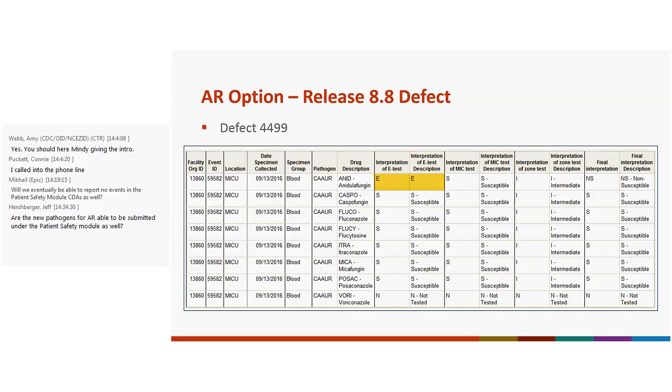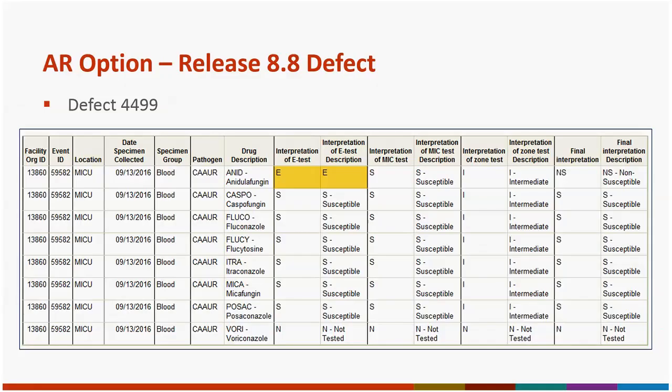You can see here highlighted in yellow, for this event, it's a Candida auris AR event. The very first drug in my CDA file was amdulodipfungin, and I had NA, or not tested, for my e-test in my CDA file. That imported just fine. However, when it was saved in the database, it saved as E, letter E, instead of NT, or not tested.